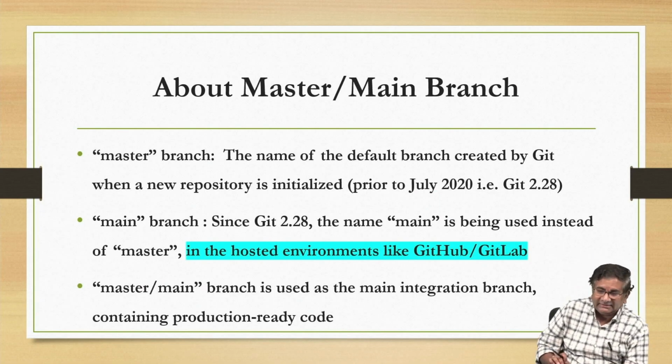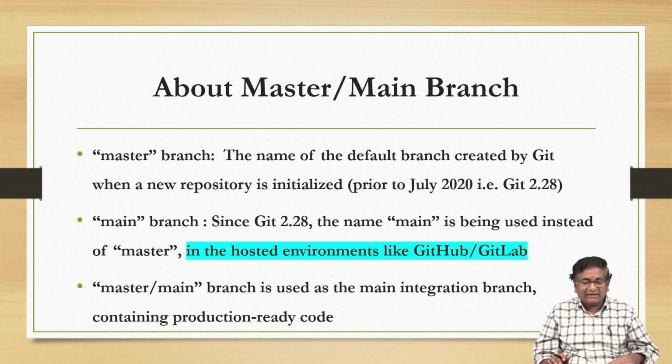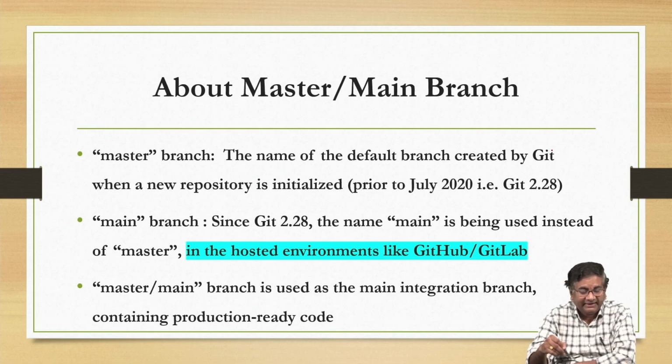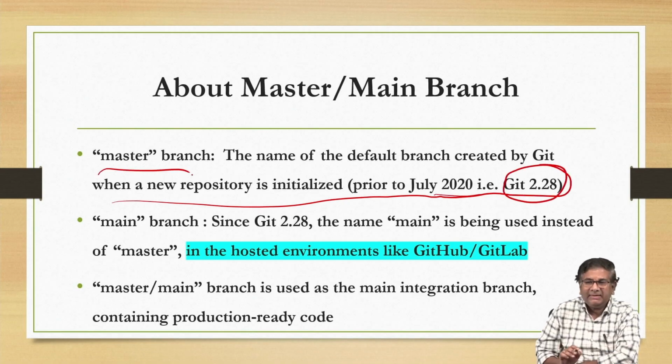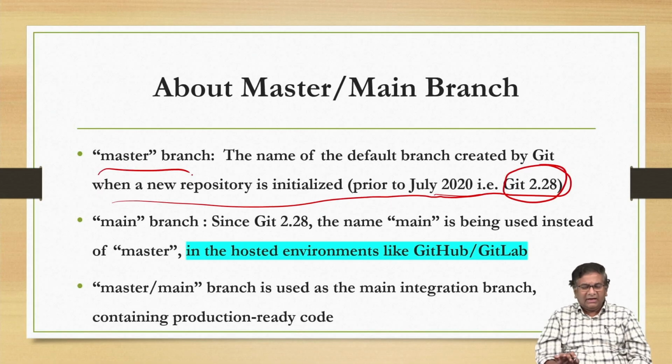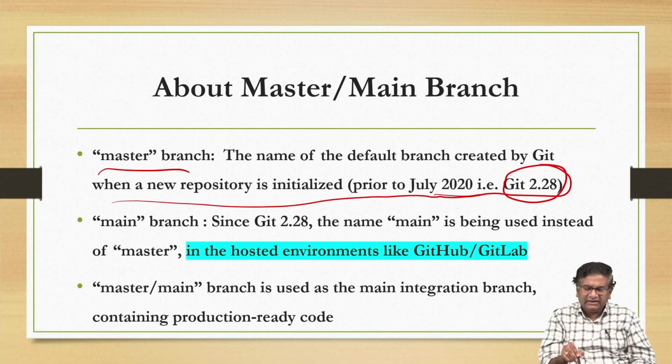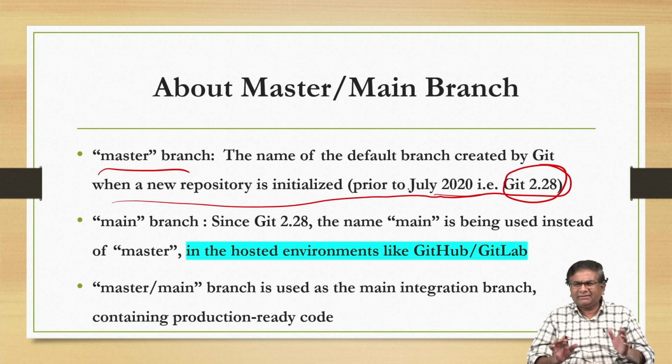About master and main branch. Master branch is the name of the default branch created by Git when a new repository is initialized, prior to the July 2020 version. People used to call it the master branch. Around July 2020, people thought the master-slave naming is not very good. Let's make it a main branch.